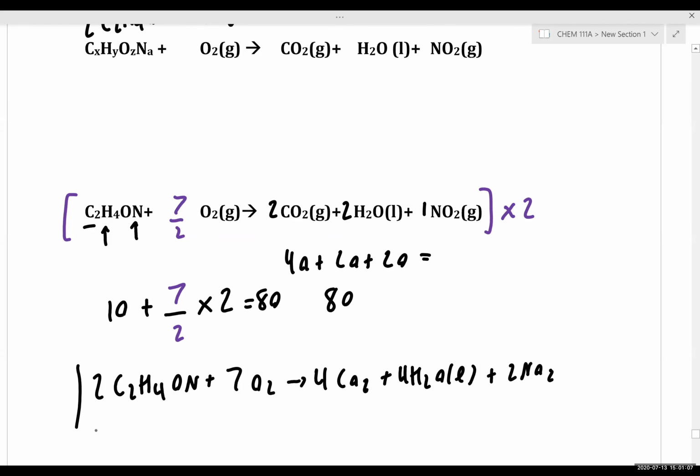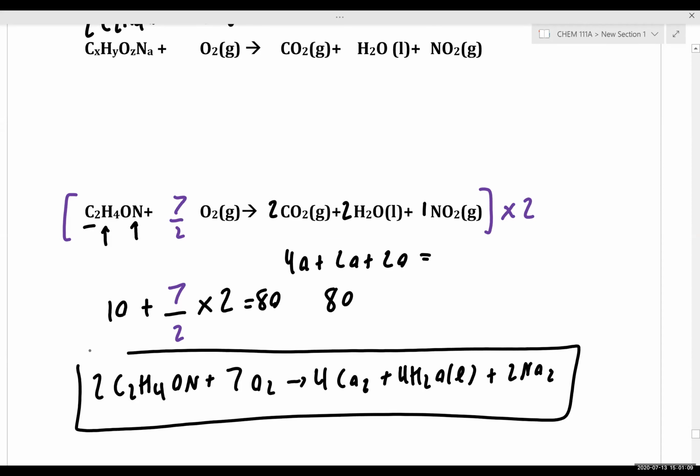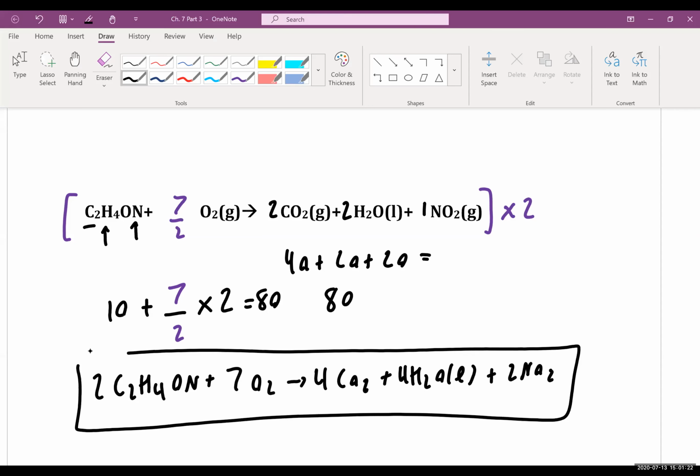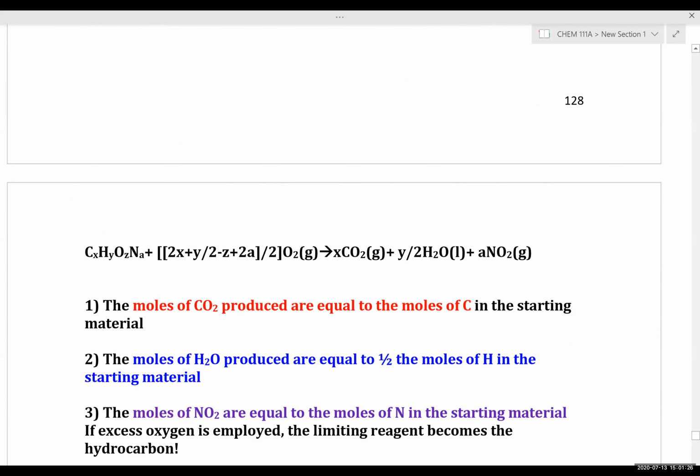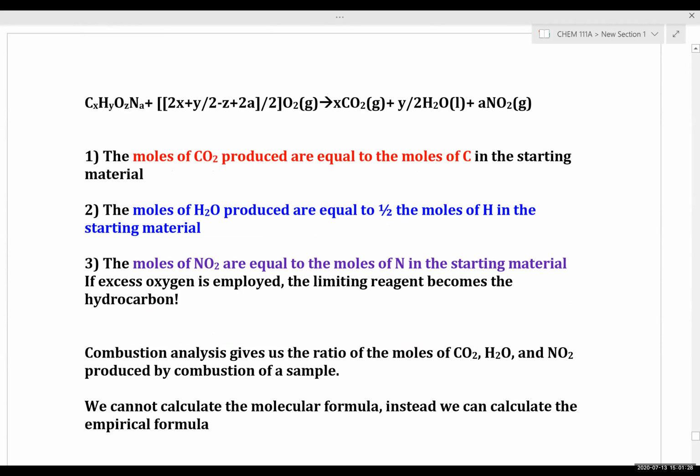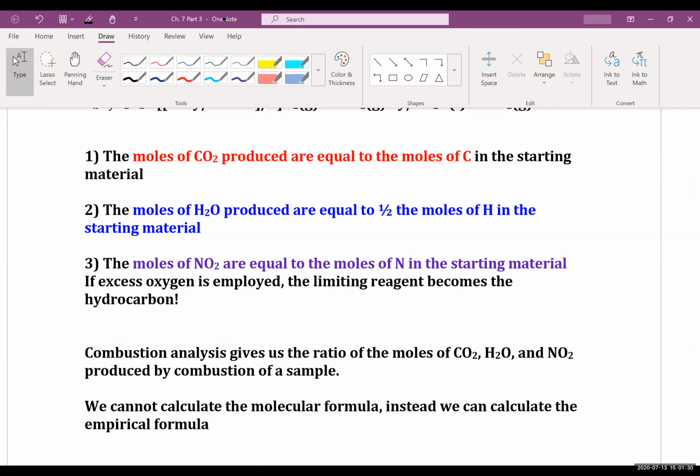Okay, so we've shown how to balance all the different types of combustion reactions. So what can we do with that? Well, from balancing all of these different combustion reactions, we have a few key details that we picked up on.